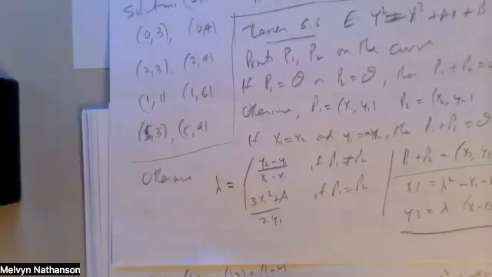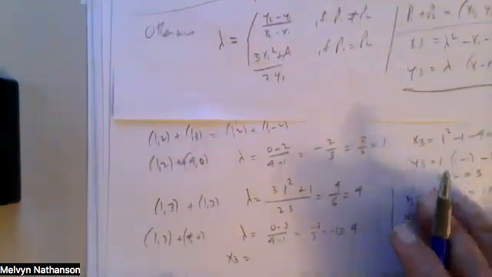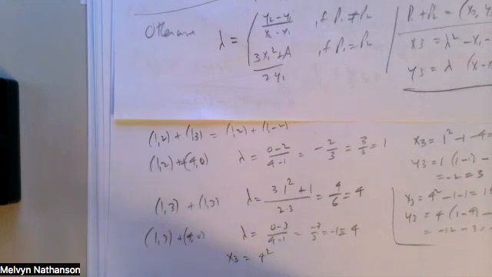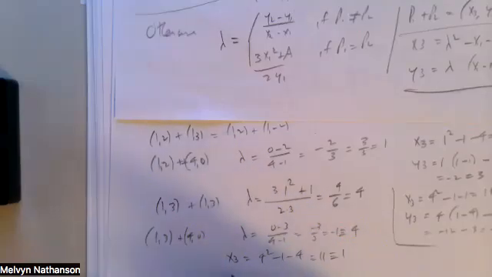And so x3 is going to be lambda squared, 4 squared, minus x1 minus x2, minus 1 minus 4. 16 minus 5 is 11, which is 1.